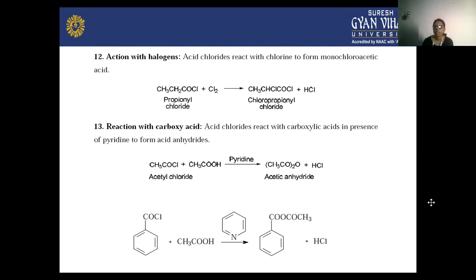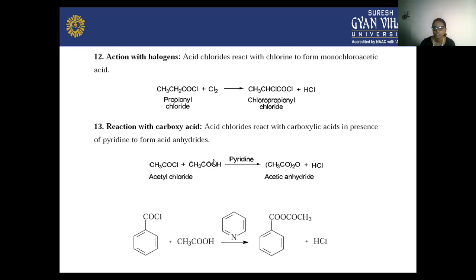So in this, acetyl chloride is reacting with CH3COOH in the presence of pyridine, and there is a formation of acetic anhydride. Here you can see what is happening: CH3COCl dissociates into CH3CO positive plus Cl negative, and CH3COOH into CH3COO negative plus H positive.